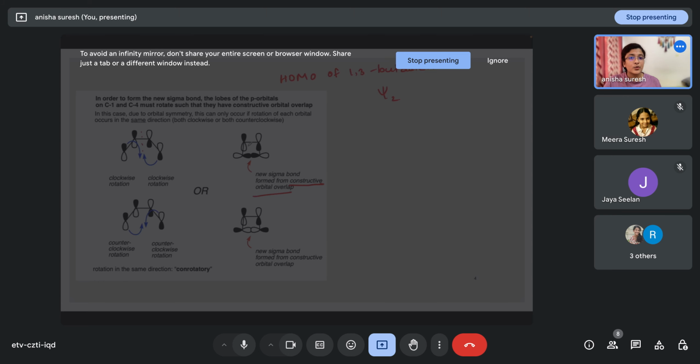Okay, so that is why in the case of 1,3-butadiene thermal ring closure, we will follow conrotation.